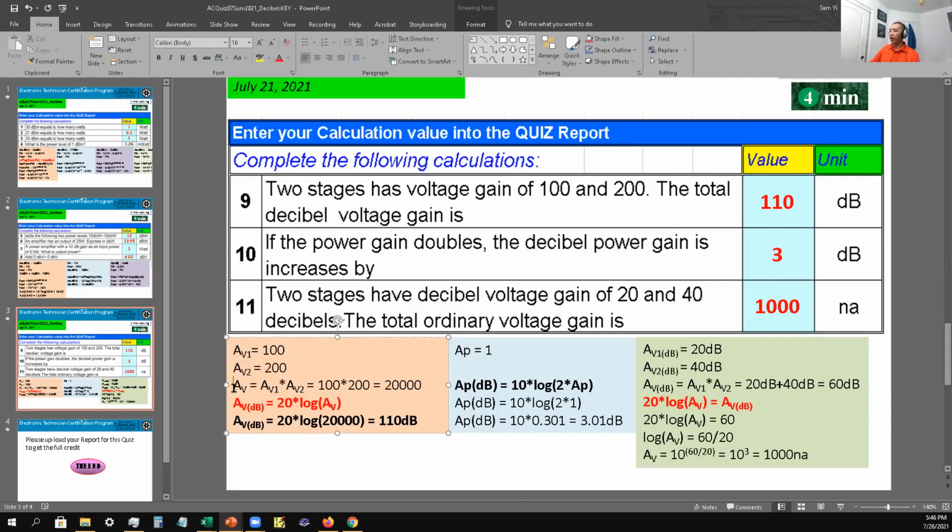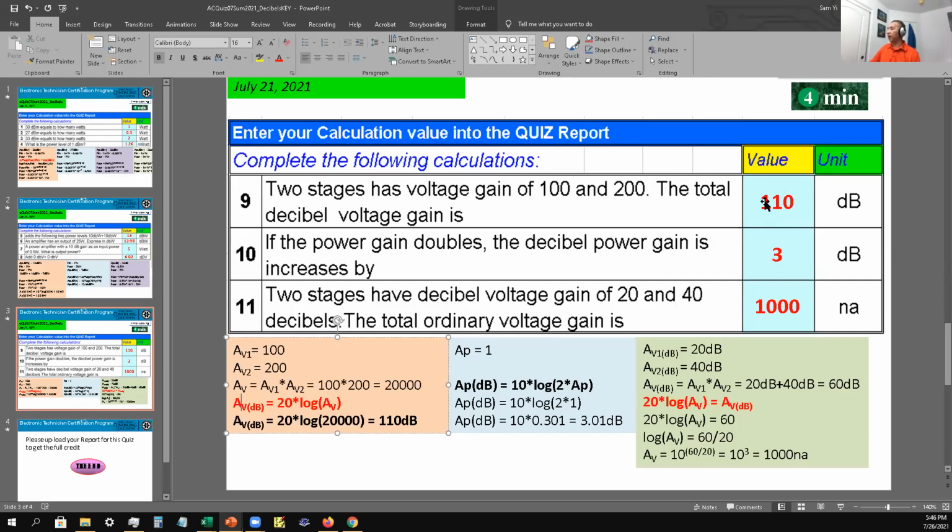According to the cascade, the total would be AV1 times AV2. So 100 times 200 gives you 20,000. Then you apply it into the formula. AV in dB equals 20 times log of the total ordinary gain, so 20 times log of 20,000. You take the log of 20,000 times 20, and it should give you 110 dB.